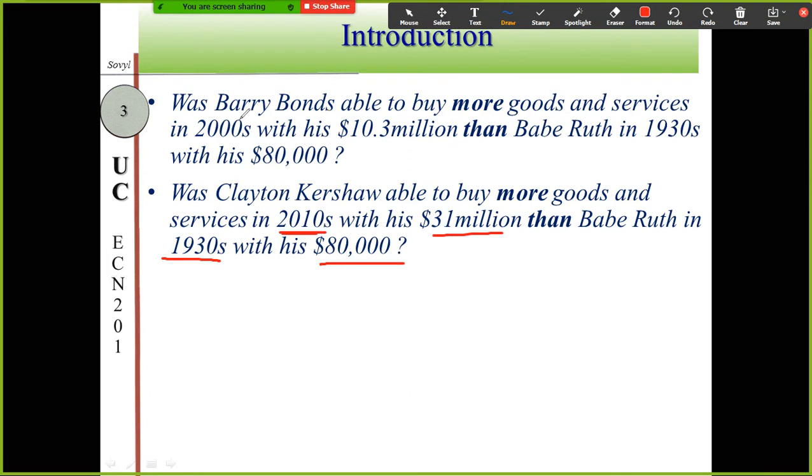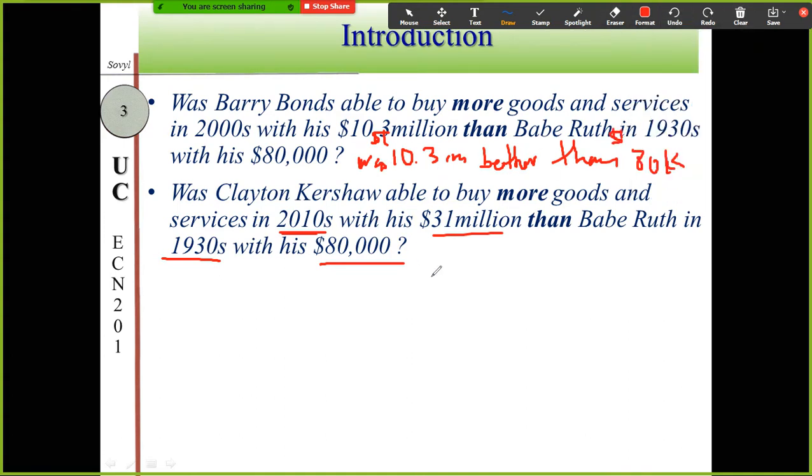Okay, so this is a long question, but in short, the meaning of this question is: was $10.3 million better than $80,000?